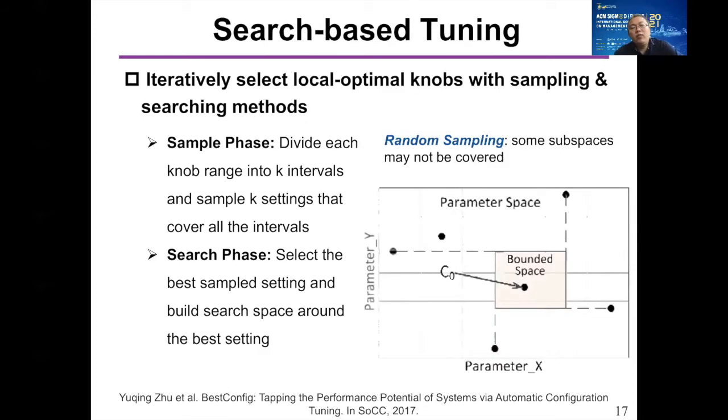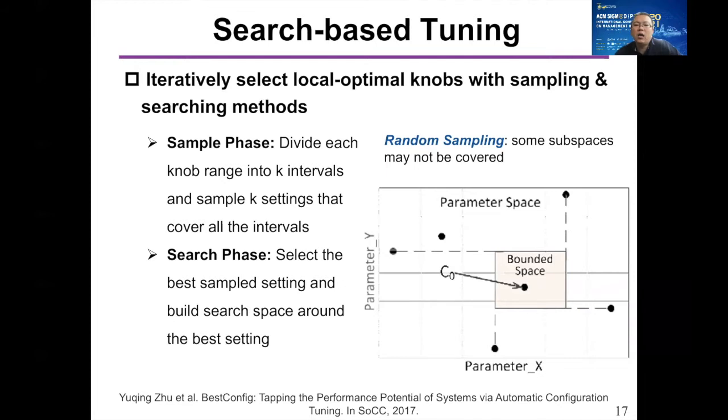So the first method is the search-based tuning method. This is a heuristic-based method. First, they want to get some training samples. They divide the knob range into k intervals and sample some settings for each interval, and then given a new workload, they find some similar workload from this training data, and then recommend the knobs based on the knobs for this training data.